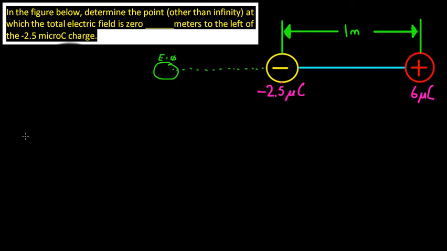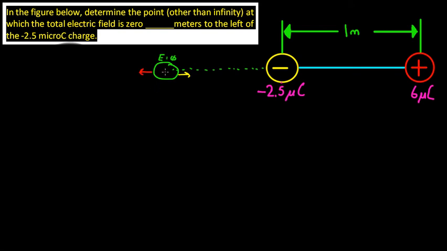The best analogy I can use is to look at it in terms of work. We've got a negative 2.5 microcoulomb charge, and there's going to be a force directed inward. And we've got a 6 microcoulomb charge that's going to have a force pushing this way.